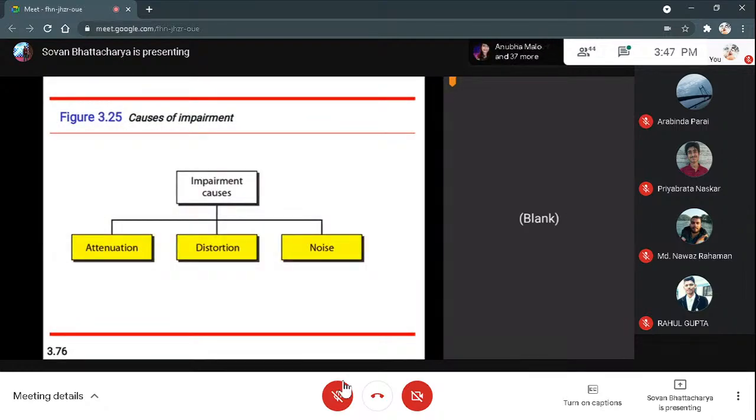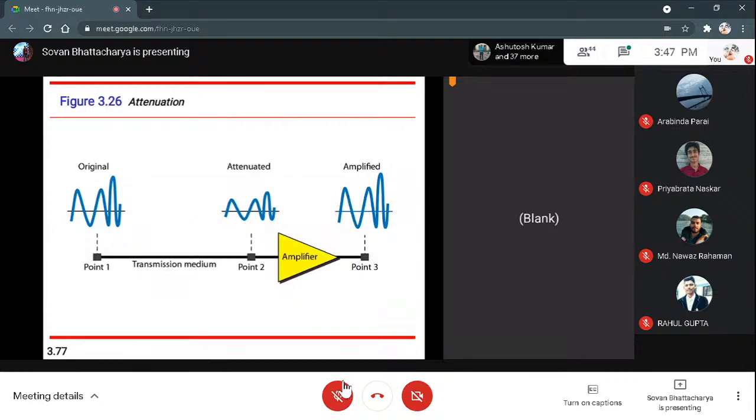So the impairment causes are attenuation, distortion, and noise. Attenuation means, you see, this is our main original signal. When the attenuation is added, it may be minimum, or the original signal may be amplified, creating a higher signal.